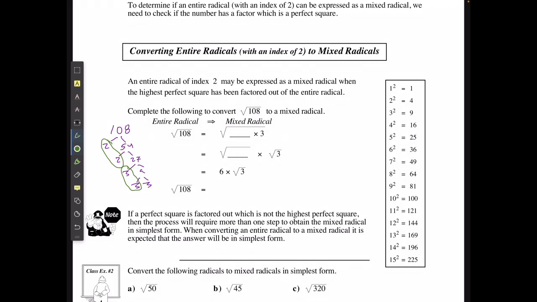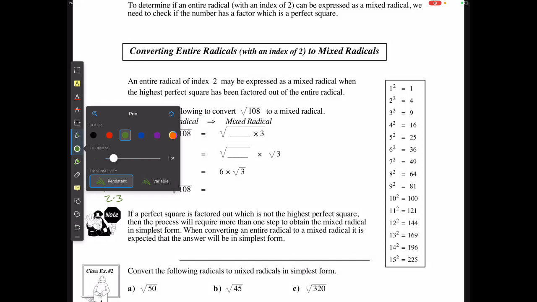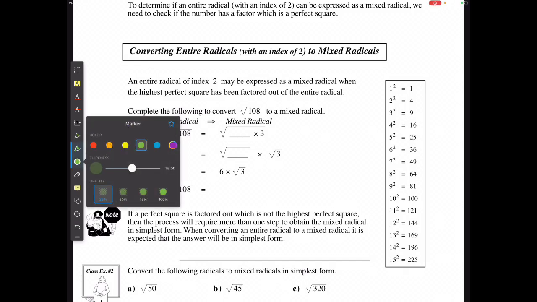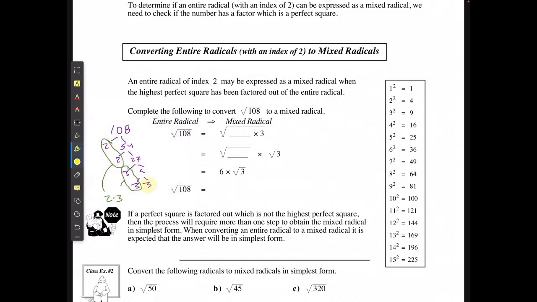And if I'm removing a perfect square from a radical, then I'm going to take one of the set of 2 and move it out, one of the set of 3 and move it out, which is the same as taking the square root. Anything that does not have a pair has to stay inside of the radical, because you can't take the square root of something that doesn't have a pair. And 2 times 3 is going to give me 6 root 3.